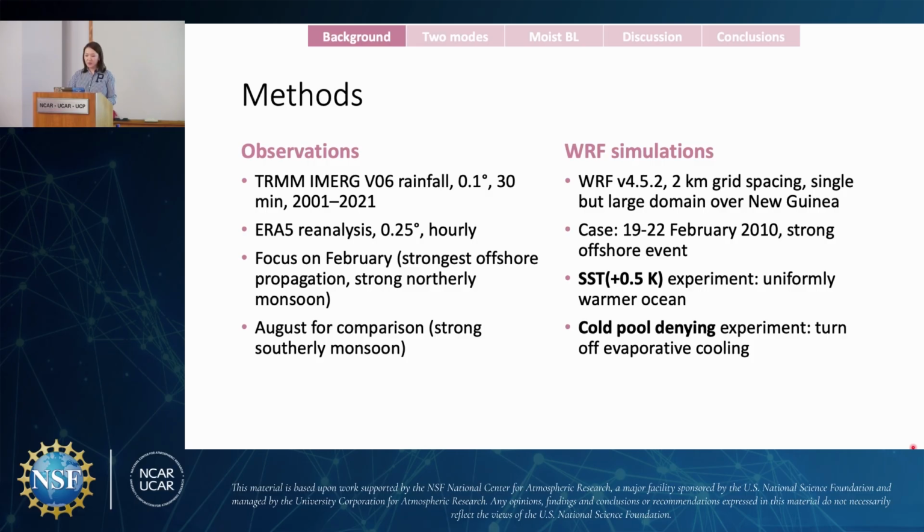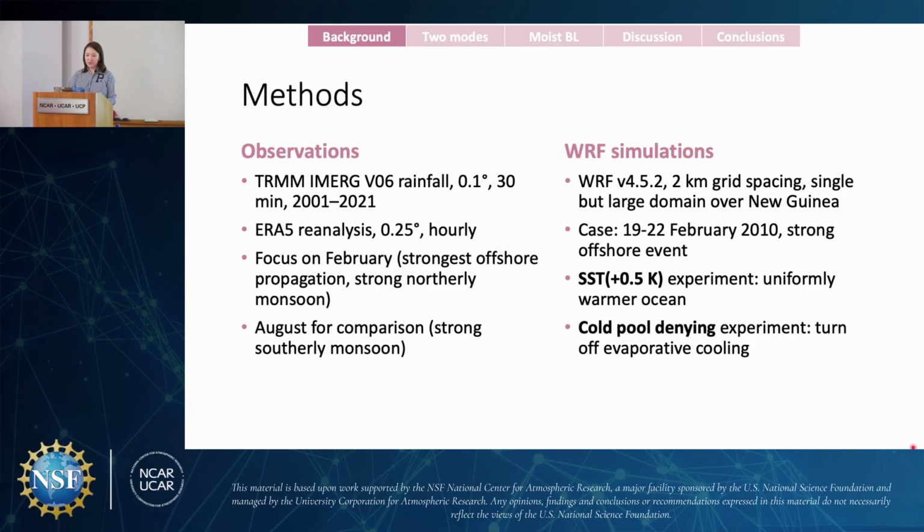But here, we focus on a smaller timescale through a case study to understand the physical processes in more detail. We run the WRF model with 2 kilometer grid spacing. Here, the domain is single but very large to cover New Guinea and also the nearby ocean.